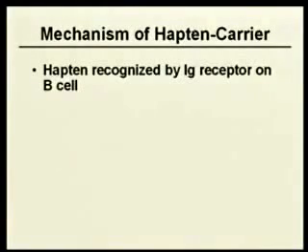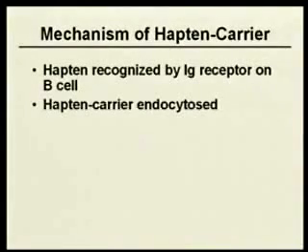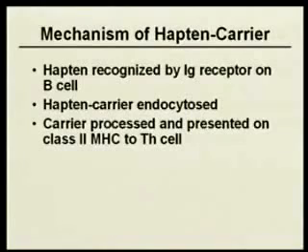Typically, the haptens are recognized by the immunoglobulin. So the immunoglobulin is able to recognize that small chemical part of the carrier hapten complex. Both the hapten and the carrier will then become endocytosed. The whole complex will be engulfed by the B cell. The carrier part will be processed and presented to the T cell.